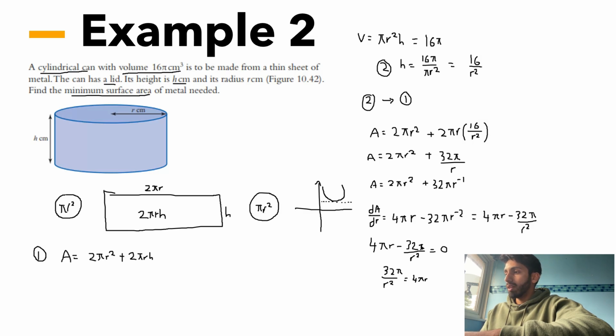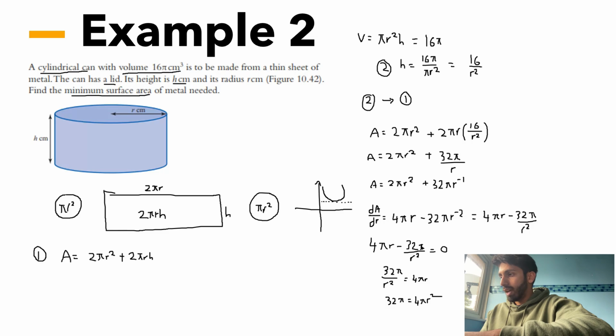Now we can times by r squared, so we're left with 32 pi equals 4 pi r cubed. Because if you times r squared by one side of the equation, of course you have to do it to the other. I've just done that to get rid of the fraction.